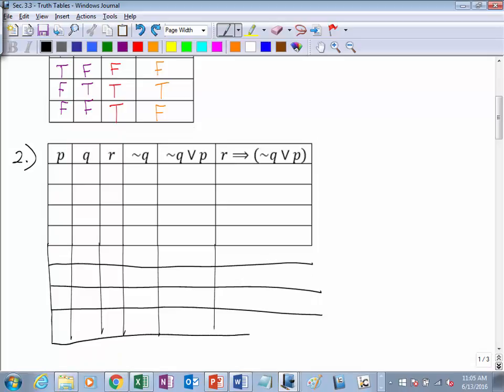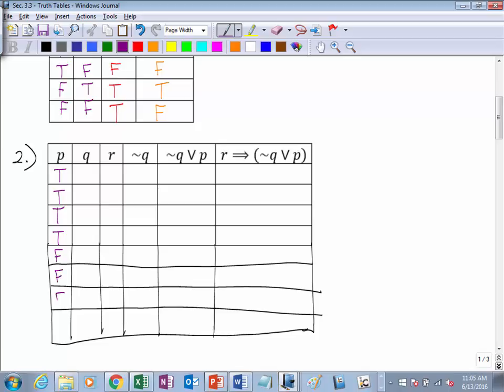All right, so when you have 3 things, so all the possible combinations, this time under P I'm going to do 4 T's and 4 F's.